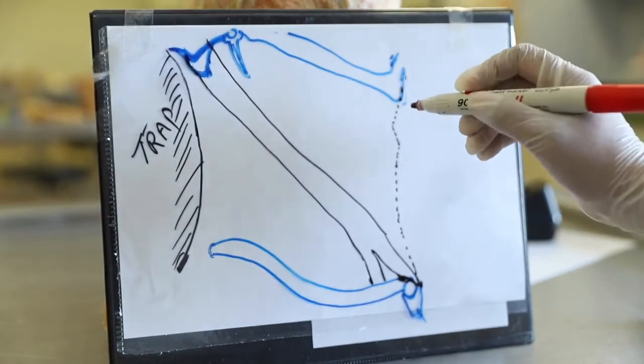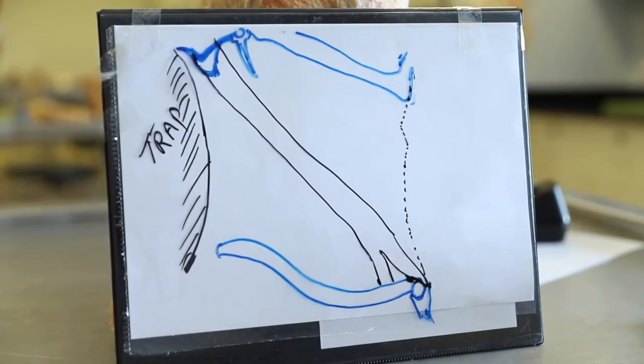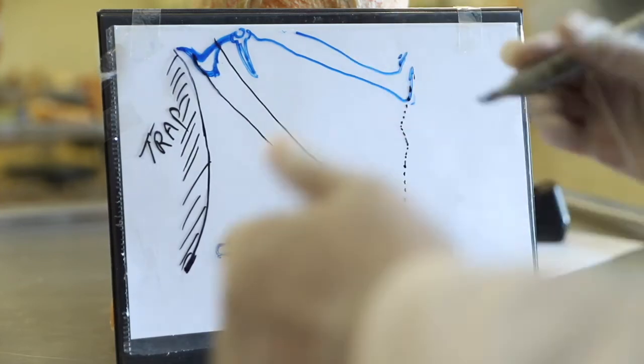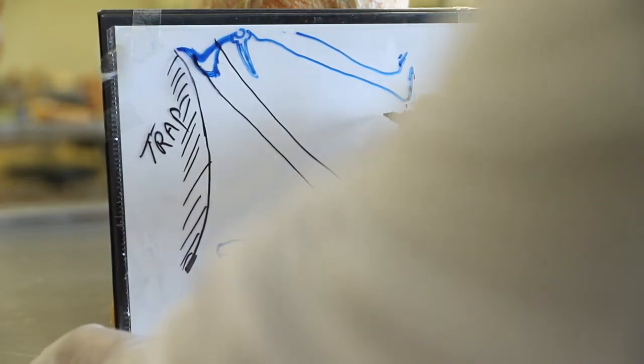We have the hyoid bone here, at the level of C3, cervical vertebra. Those levels are important, please. You have to consider them.